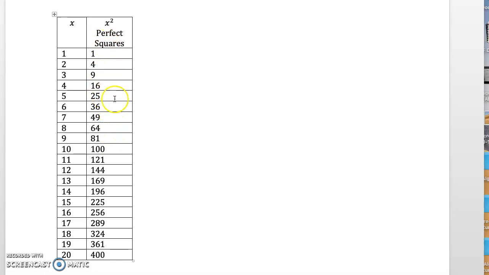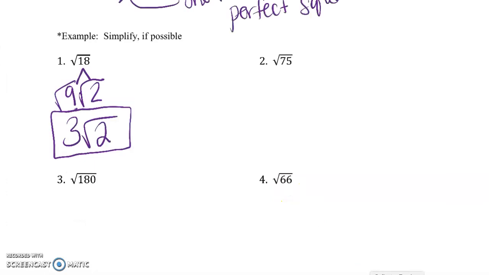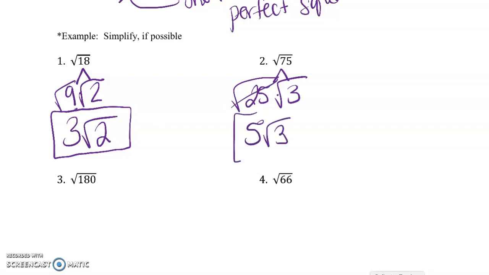Hopefully we know that 25 goes into 75. So 75 is the square root of 25 times the square root of 3. The square root of 25 is just 5. So 5 square root of 3 is our final answer.